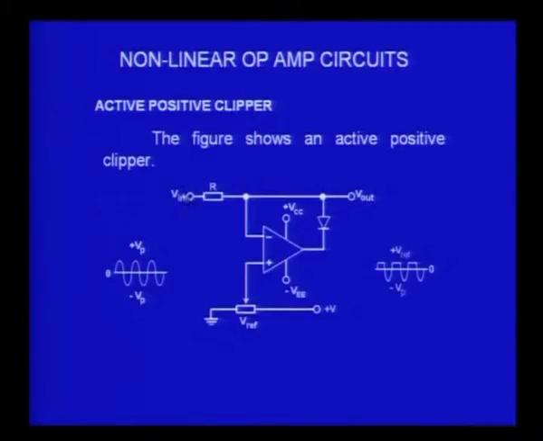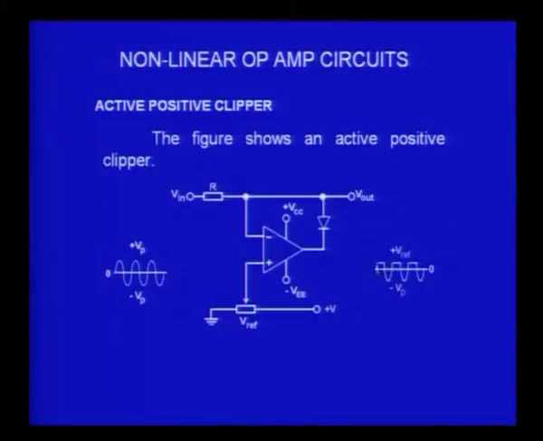But when the input goes positive with reference to the other terminal, the output will become positive. At that stage the diode will be reverse biased, so the diode will be open, and the output will remain equal to the voltage at the other terminal.